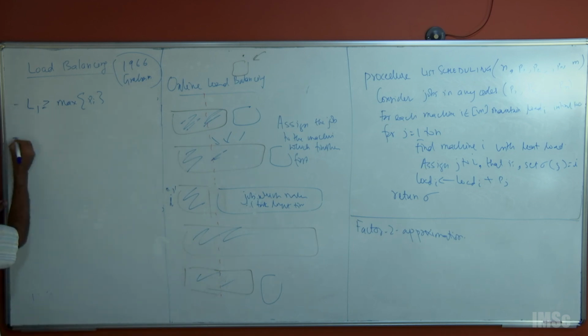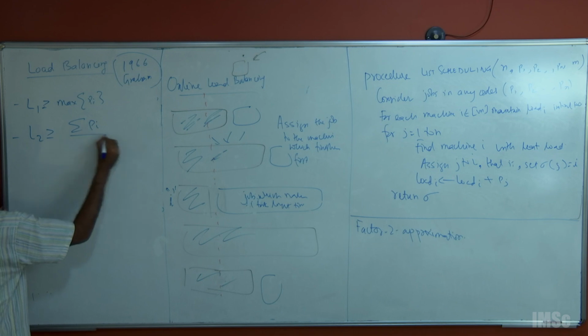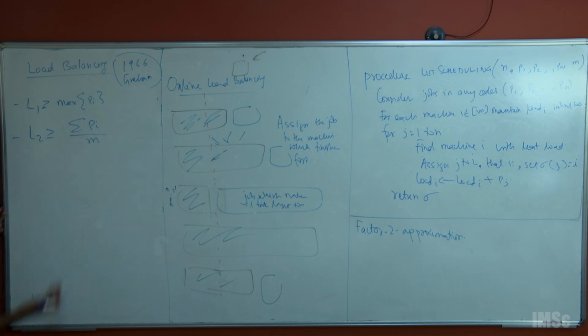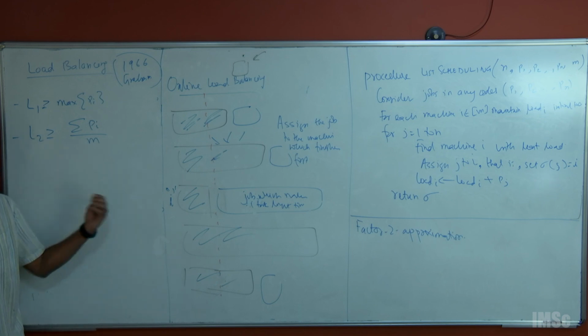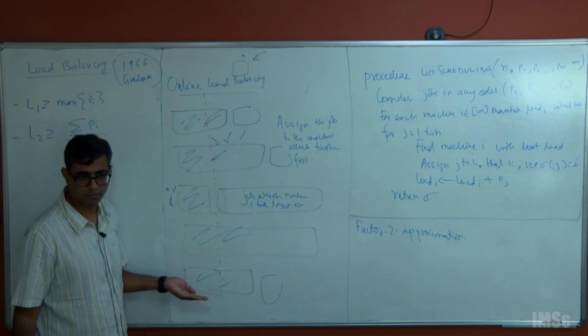Okay. What else? What about the average? This is also true, no? If the total time taken by all the jobs is the summation of p_i, at least one machine will take at least that divided by m, by the pigeonhole principle.